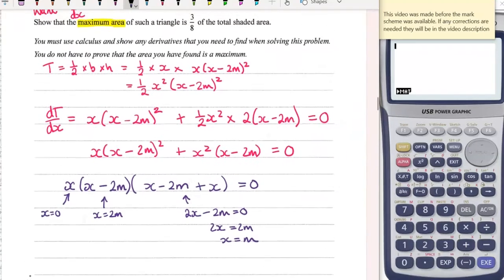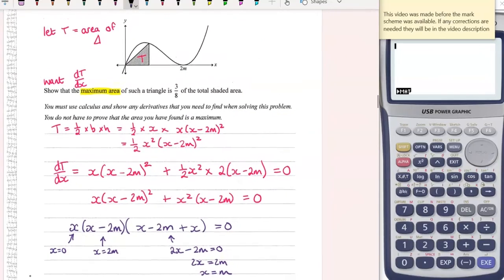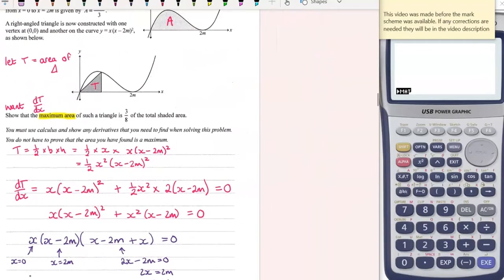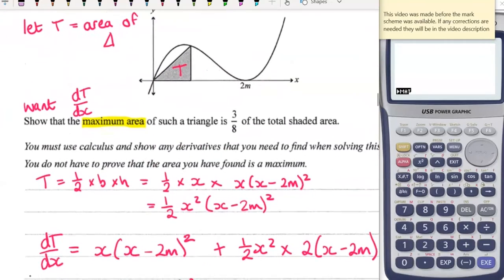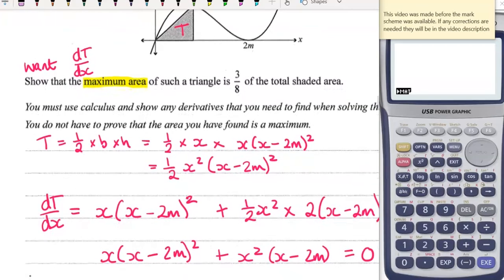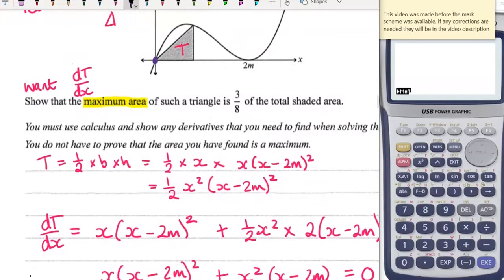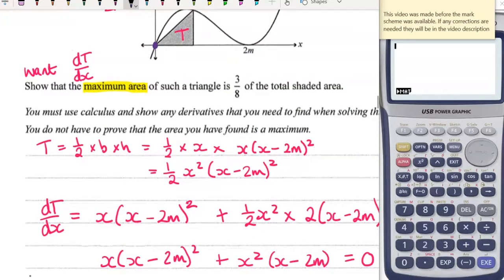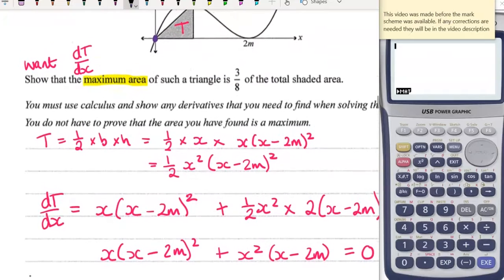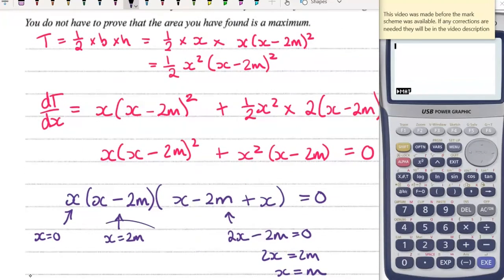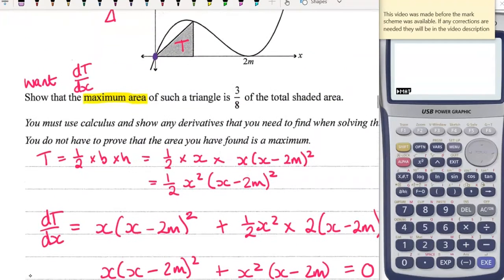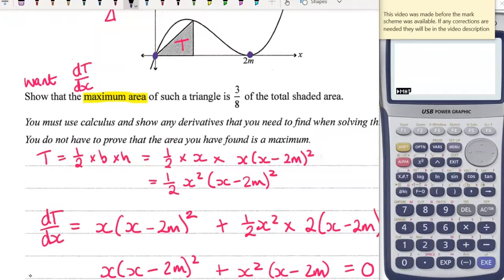Now let's consider each of those solutions. If x was 0, let's just go back here. If x was 0, we'd be just here. That x value is not going to give us a maximum. It would give us a minimum. Similarly, if x was 2m, we would be up here, and that's going to be a minimum, not a maximum.